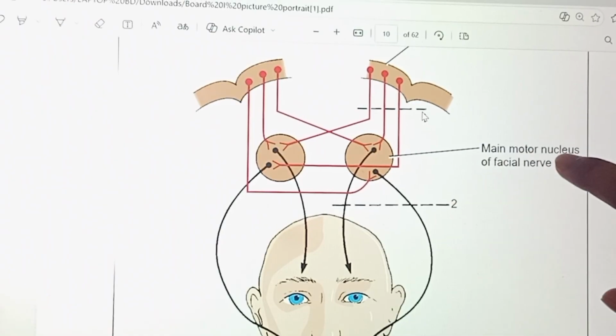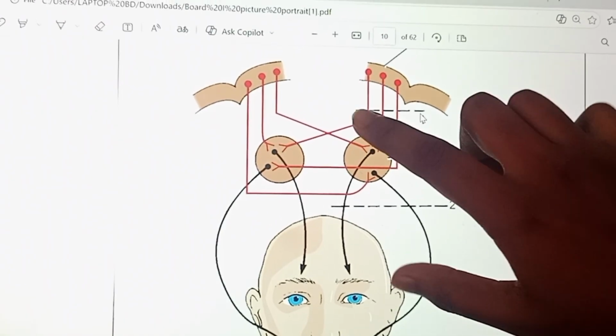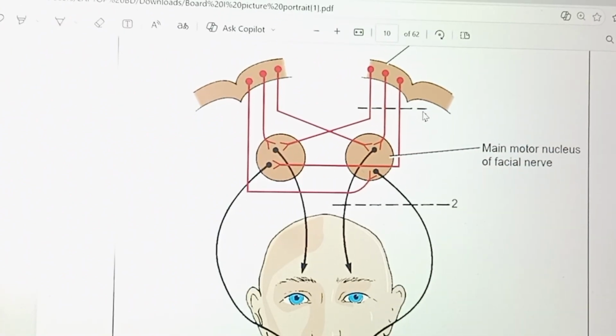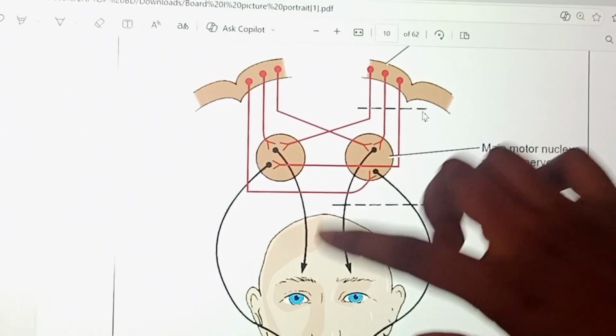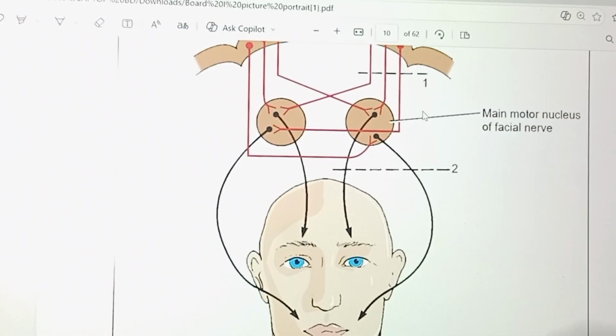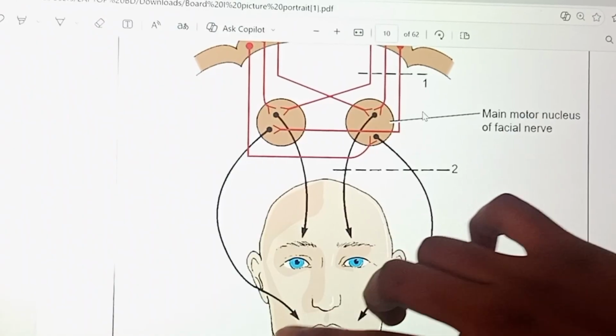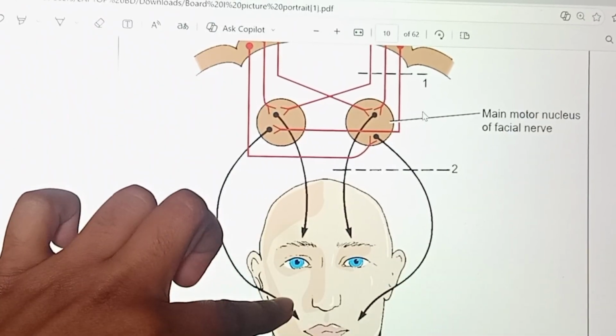And we can see, if we cut this upper motor neuron, what will happen? We will see that the opposite side of the face, the lower part of the face, will be paralyzed.